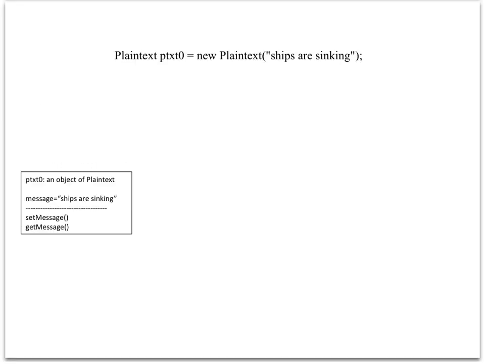Now here once again we are creating an object of the class plain text, and this one will give you an instance in the memory, and this instance is the object which will have shifts are syncing in its message variable.